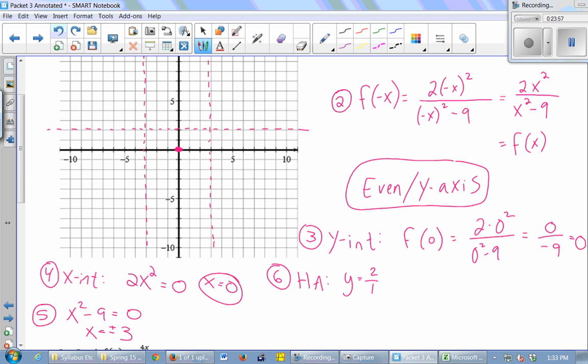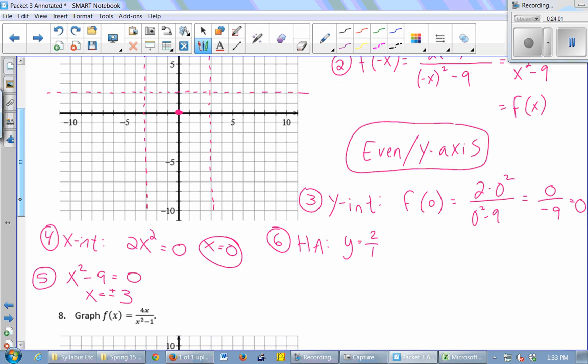So let's see, what happens if I plug in, say, positive 1 in my original function? So here's step 7. F of 1. So that would be 2 times 1 squared over 1 squared minus 9. So that's 2 over negative 8, negative 1/4.